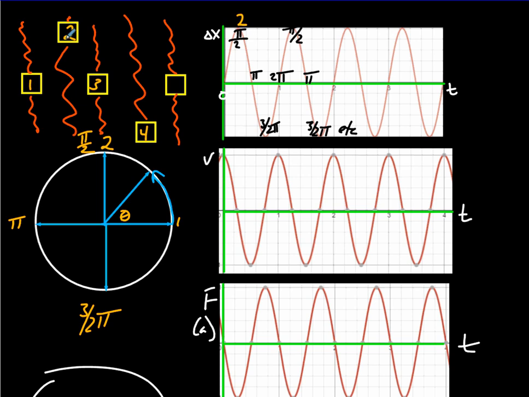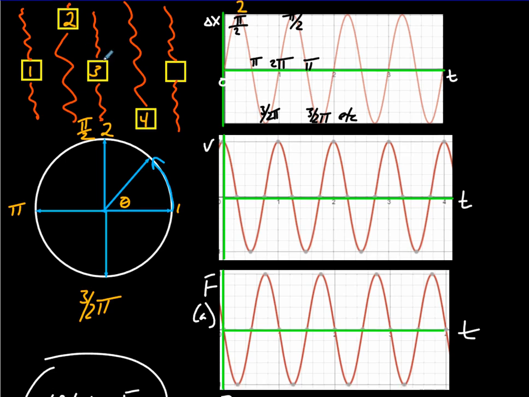There is no net force as the object passes through its neutral position. The up and the down pulls of those springs have canceled each other out. So if position is a positive sine wave, this is generated by a negative sine wave.